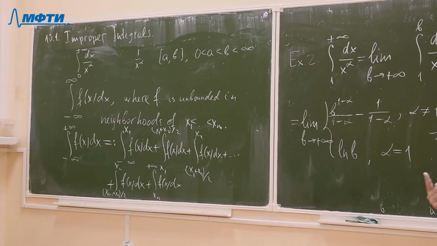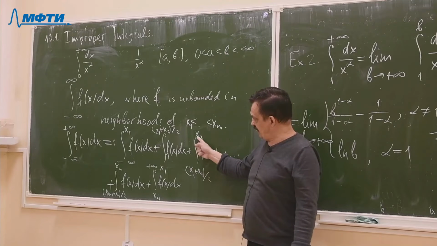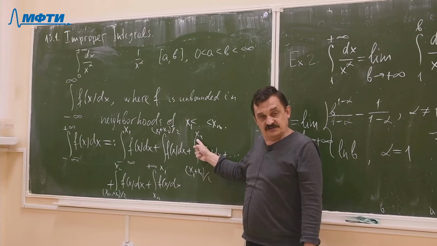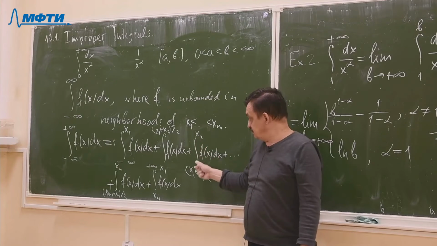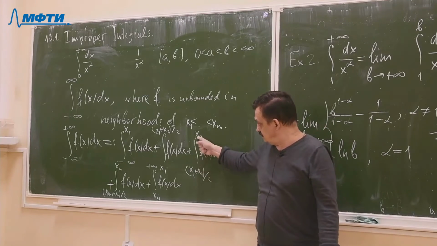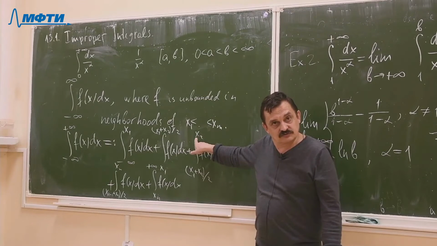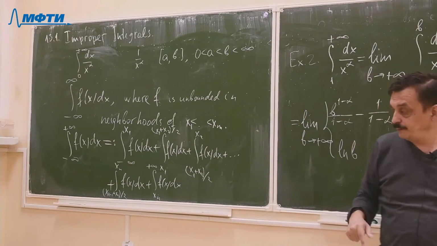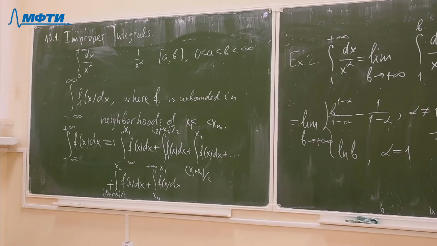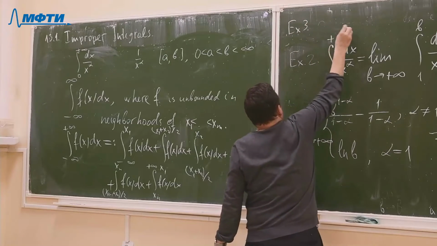For example, there is only one point x2 such that in a neighborhood of that point the function is unbounded. So we need to consider that integral as a limit as the upper limit tends to x2 from the left-hand side. Analogously for the others. And let me finish our example 3, to unify both.